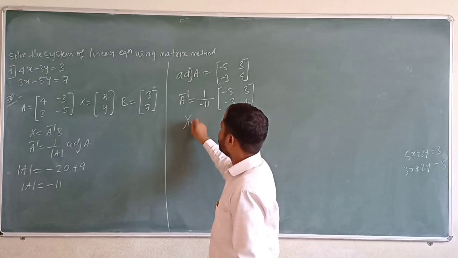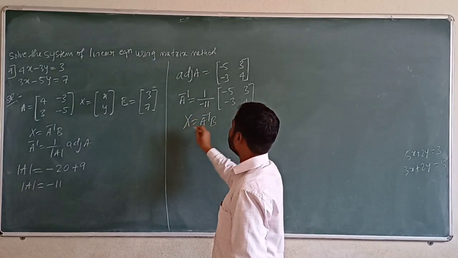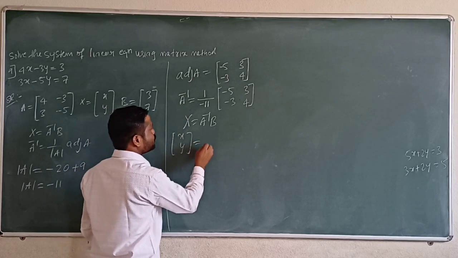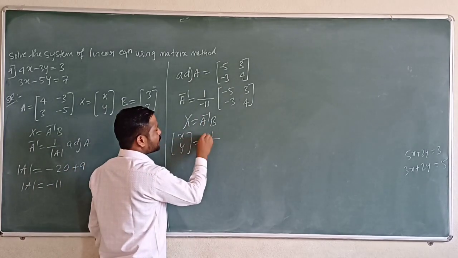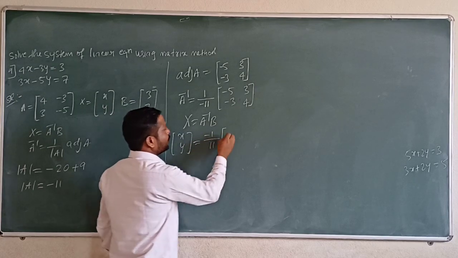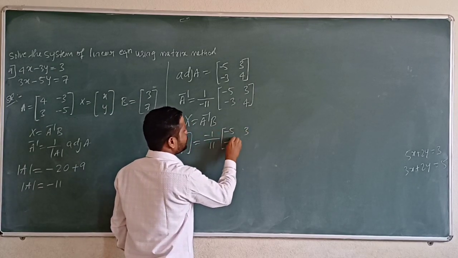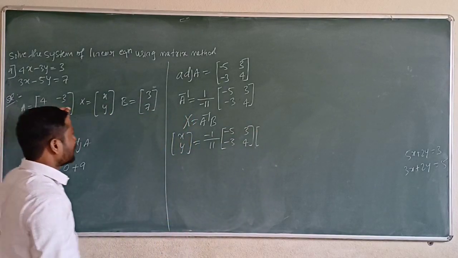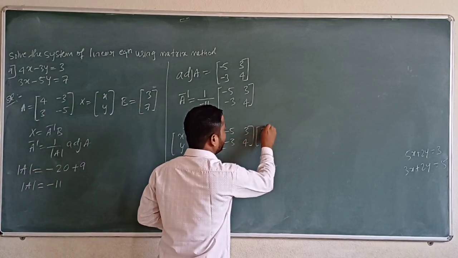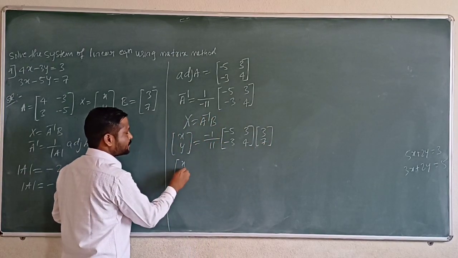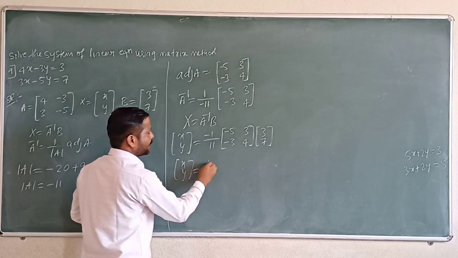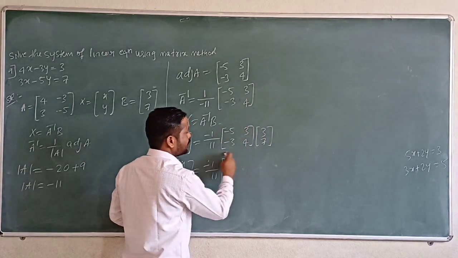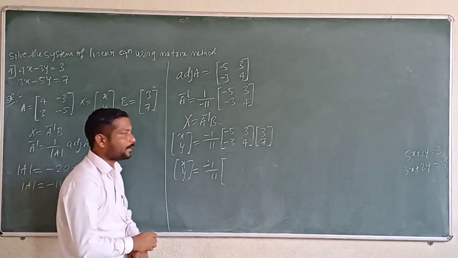Take X is equal to A inverse into B. X, that is the variables x and y, is equal to the A inverse answer, minus 1 divided by 11 into minus 5, 3, minus 3, 4, into B, meaning constants, that is 3 and 7. x, y is equal to minus 1 divided by 11 into, first row first column, second row first column multiplied.